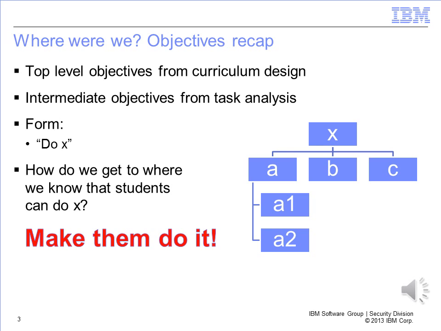So how are we going to get from here, where we start, to the point where the students can do X, we know they can do X, and they know that they can do X? The answer is quite simple.